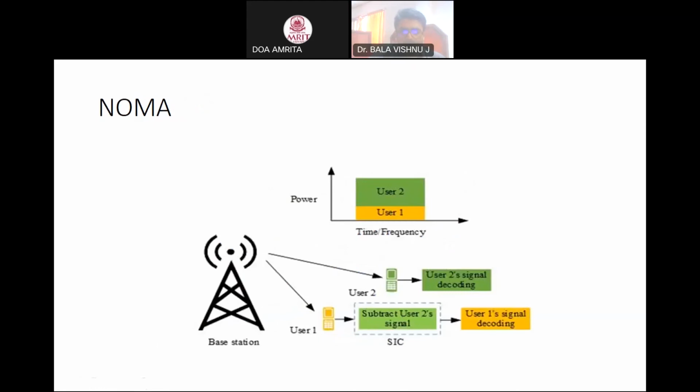And the other one is NOMA, which is a non-orthogonal multiple access technique. In OFDM, we have orthogonal frequency division multiplexing. It means each subcarrier is orthogonal to the other subcarriers, and by that we have transmission and reception at high spectral efficiency.